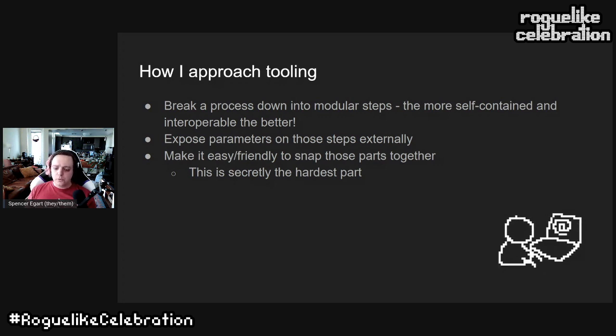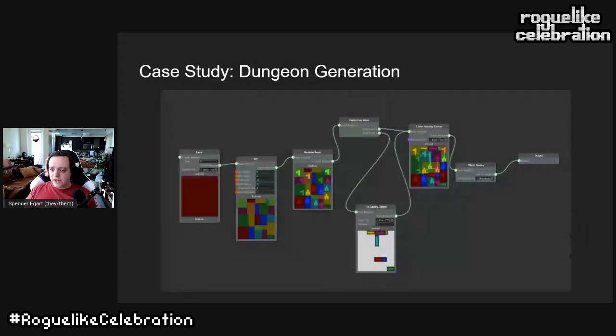And so the more reusable and interconnectable your Lego pieces are, the more expressive power you're going to eventually have with that tool. And you'll want to expose parameters on these. So if I actually go back to the previous thing on the binary space partitioning node, the second one in the list there, I actually have a number of parameters like the max and minimum size that it'll divide things up into.